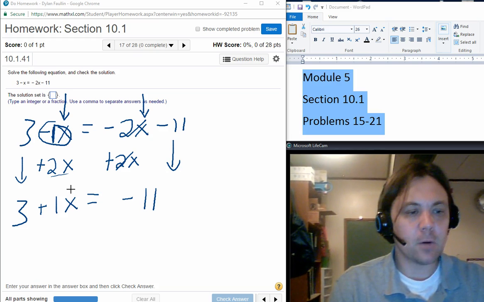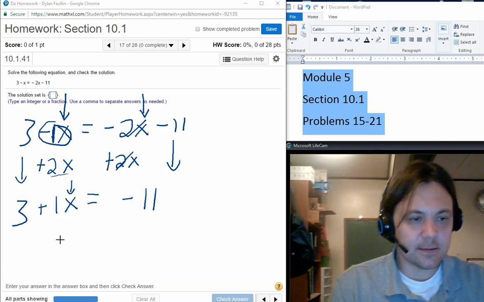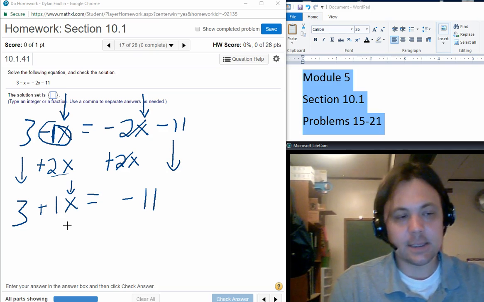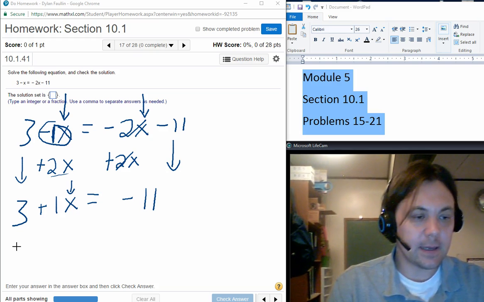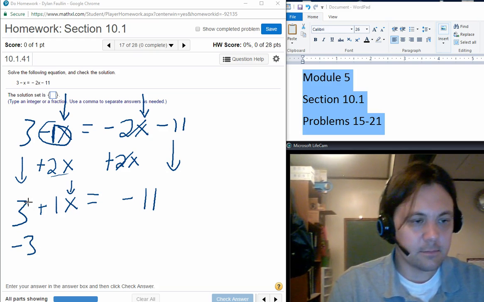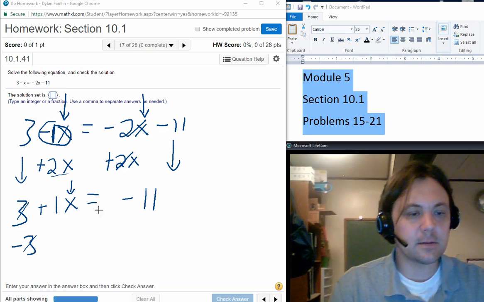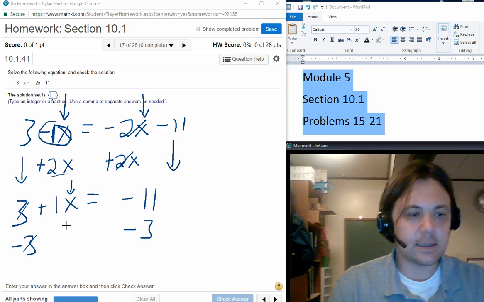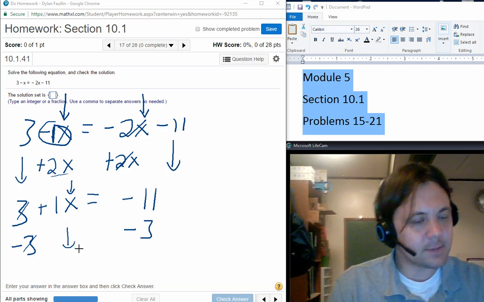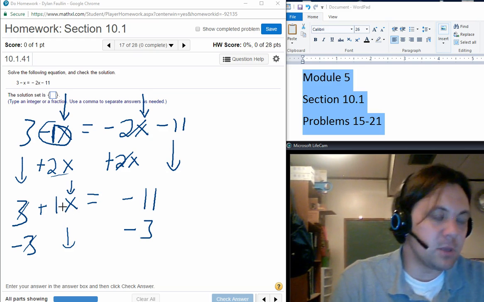All right, so let's get down to business here. We're trying to get x by itself, which means the 3 needs to go. It's a positive 3, which is being added to the x. And so I can get rid of it by subtracting 3. Positive 3, negative 3 are going to cancel each other out. If I do this to the left-hand side, I do the same thing to the right-hand side. And so 1 times x, every time, I really don't need to write the 1.